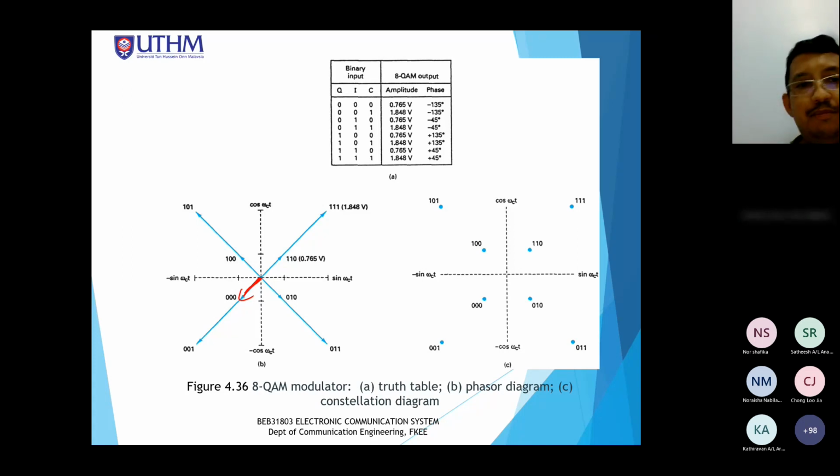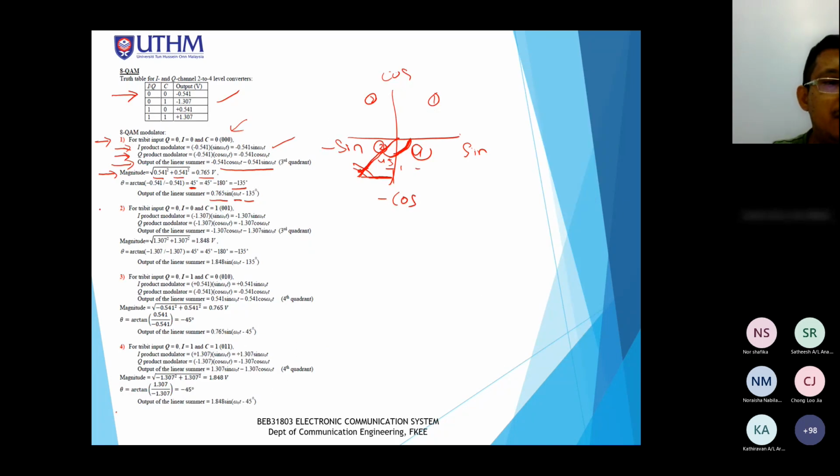And back to the second input. There are three possible inputs in this example. For the next example, class, the input is 0, 0, 1. I would be 0, Q also 0, and the control bit is 1.